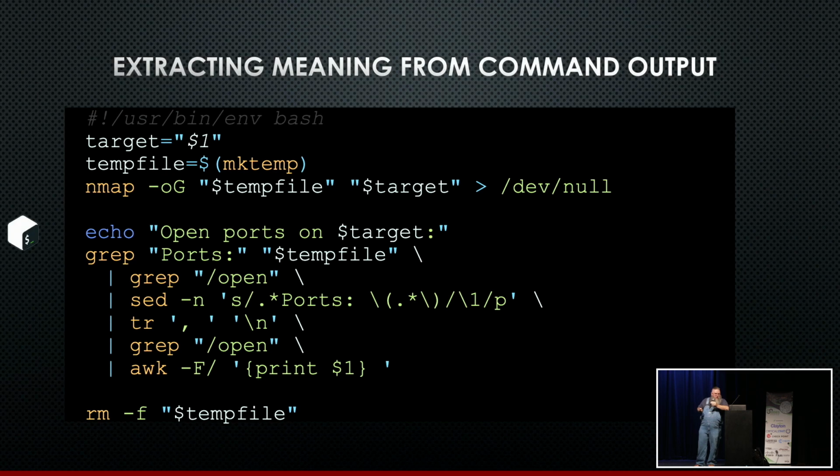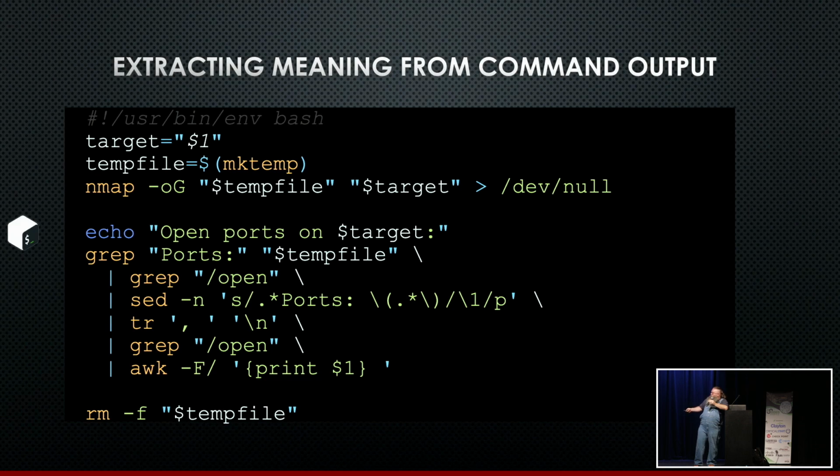Sed is the stream editor, another simple Unix command that is highly complicated, and we're not getting into all of that right now. But basically, we're searching for anything that contains .*Ports: and whatever's after that, and we're getting rid of everything except for the port portion of it and printing that out.